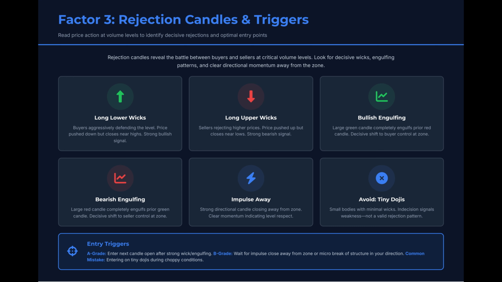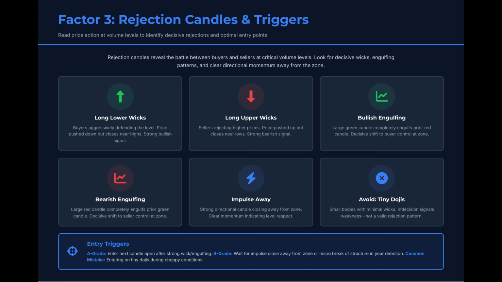Always evaluate Factor 1 with Factor 2 and give equal weight to Factor 3 for complete setup classification. The market speaks through price action. Rejection candles are its voice. Learn to listen and you'll know exactly when to act and when to step aside.